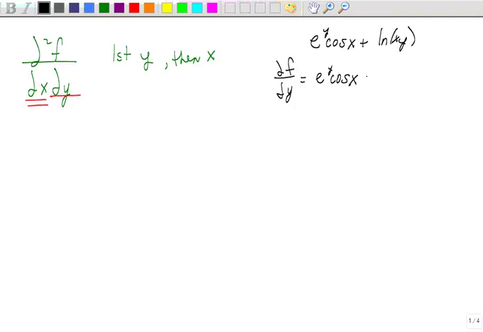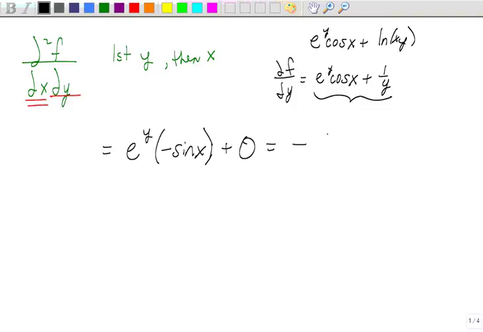Okay, we already did that. And now we take this with respect to x. So y is a constant, so e to the y is constant. The derivative of cosine x is minus sine x. And the derivative of 1 over y with respect to x is 0. So this is just going to be negative e to the y sine x.